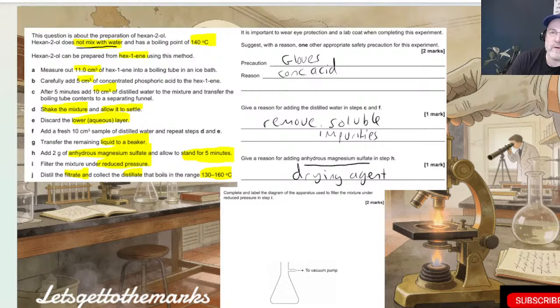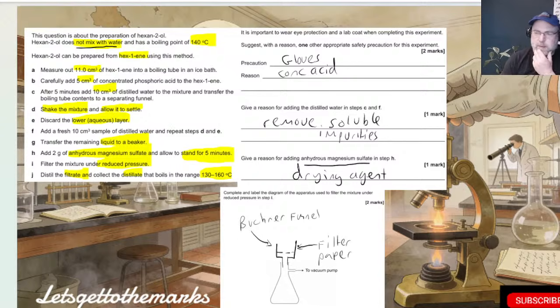The Buchner funnel is the one that's like white porcelain, like that. So I've got my Buchner funnel. Oh my god, that's disgusting. And I like to do a dashed line for the filter paper. That's not a very good label, but I haven't got that kind of accuracy on here. So, filter paper and Buchner funnel.